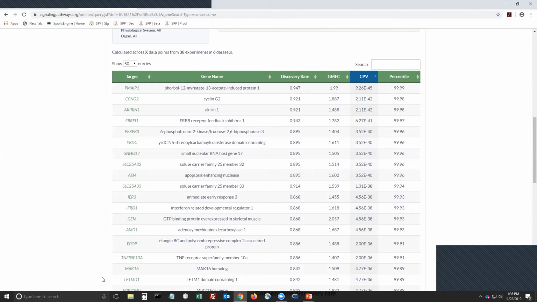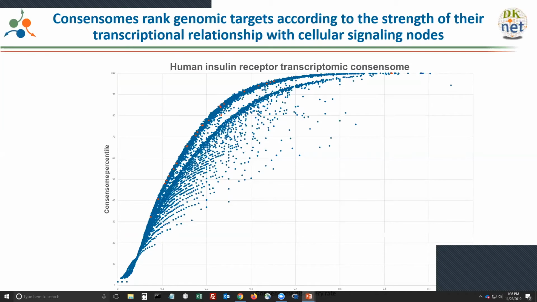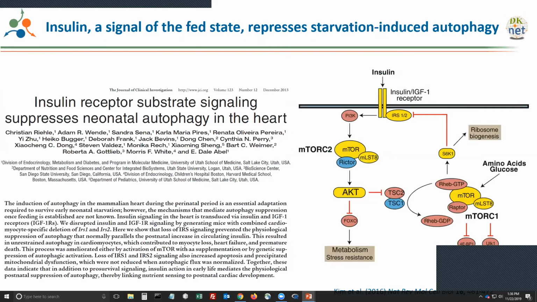So to exemplify that concept, we're going to look at the relationship between insulin and autophagy. So what is autophagy? Autophagy is the process by which cells, in response to depletion of their extracellular nutrient sources, attempt to maintain energy levels through metabolism of nutrients within the cell itself.